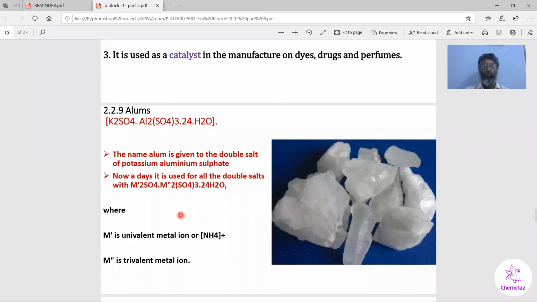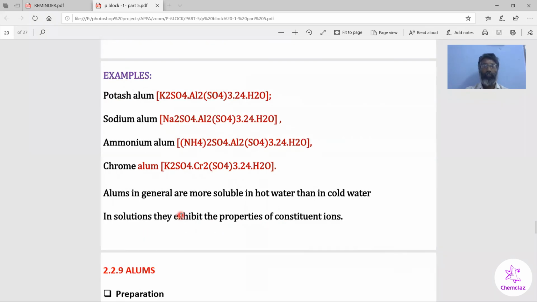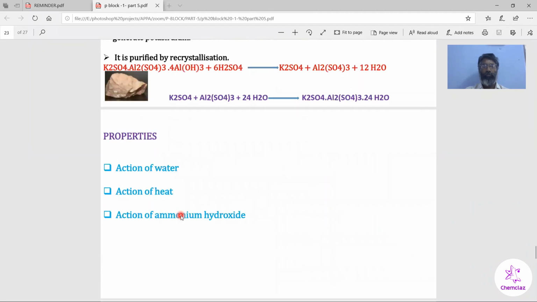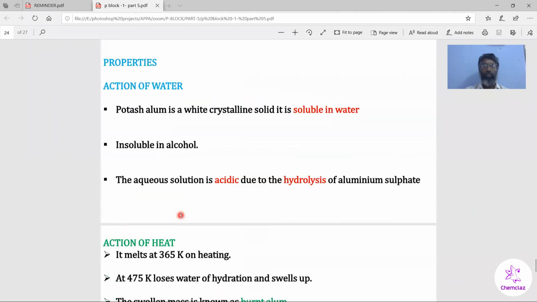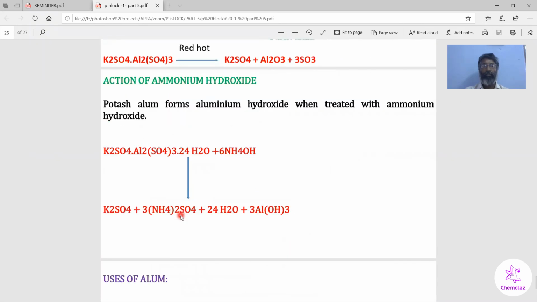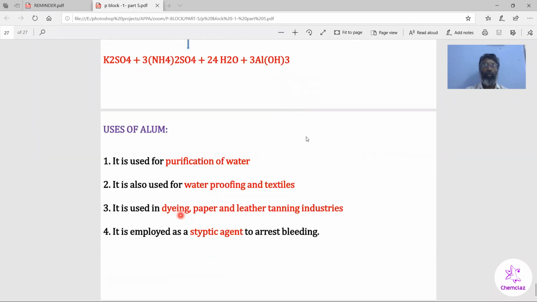Then potash alum, examples of double salt, preparation from alunite, action of water, action of heat, action of ammonium hydroxide, uses of alum. So today we finished the 13th group, the boron group.